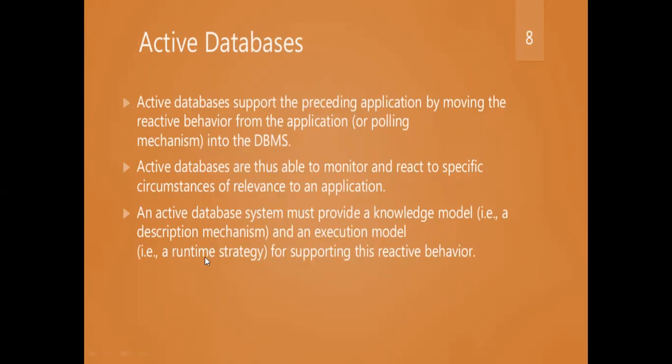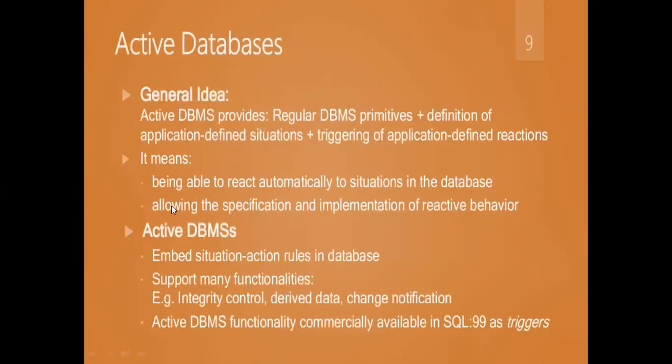It has to provide an execution model, means a runtime strategy, how this model is going to work. We'll see the general idea for this active database. It provides regular DBMS primitives plus a definition of applications and triggering of applications.